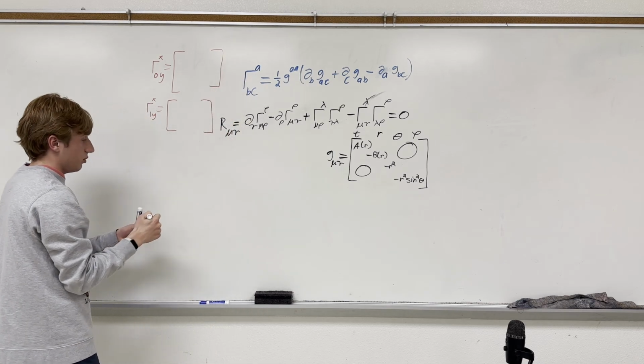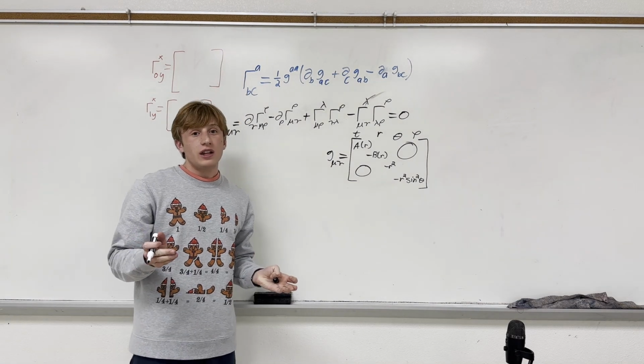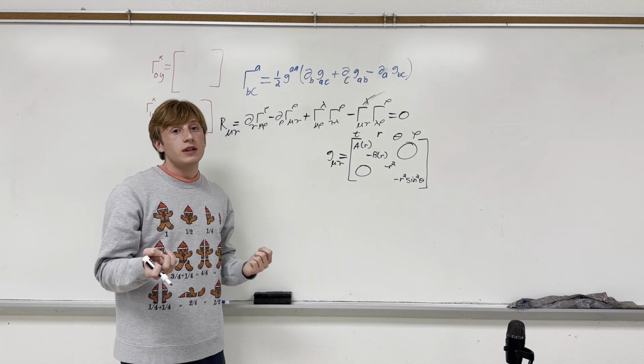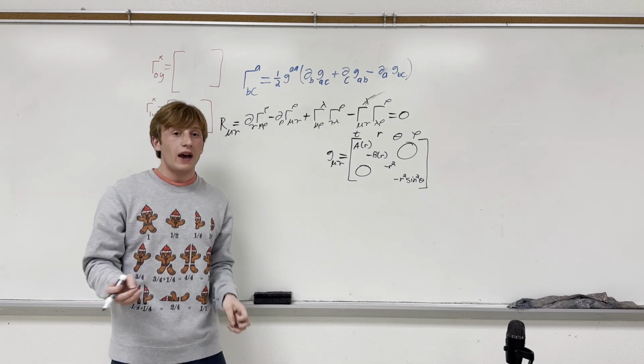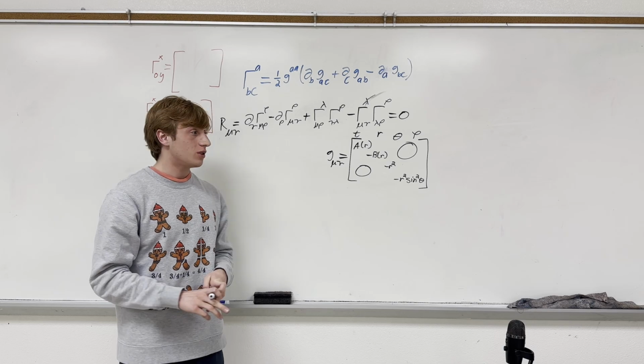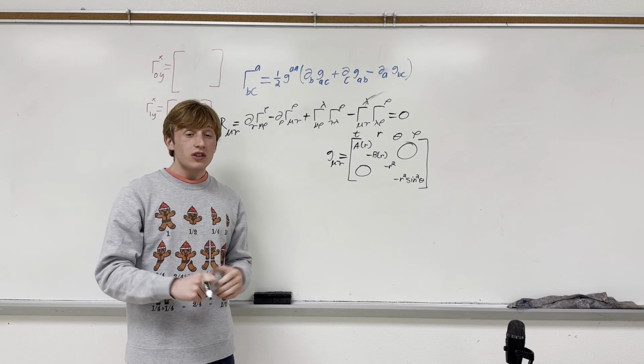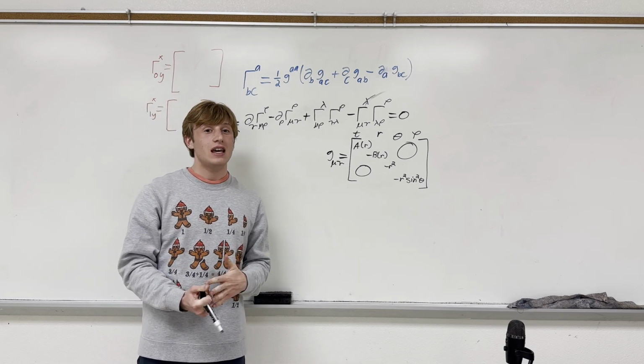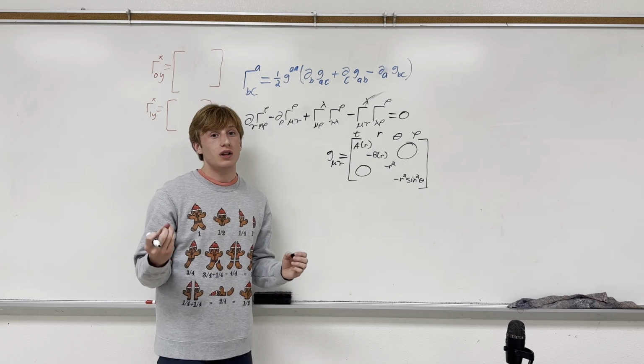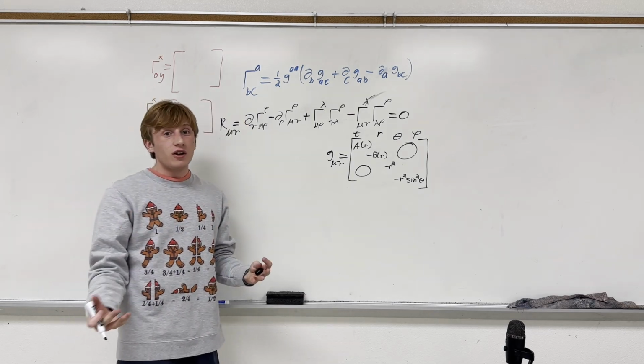I'll add those in as we go. But one more thing before we start calculating: I'm only going to be computing the ones that are non-zero, as there are a whole lot of them, and only 13 are actually non-zero. So for the sake of time and brevity and my own sanity, we are only going to be calculating the ones that are non-zero. So let's get calculating our Christoffel symbols.